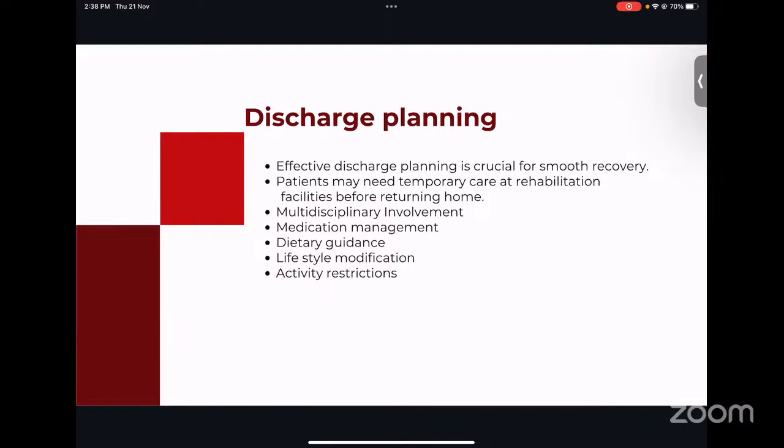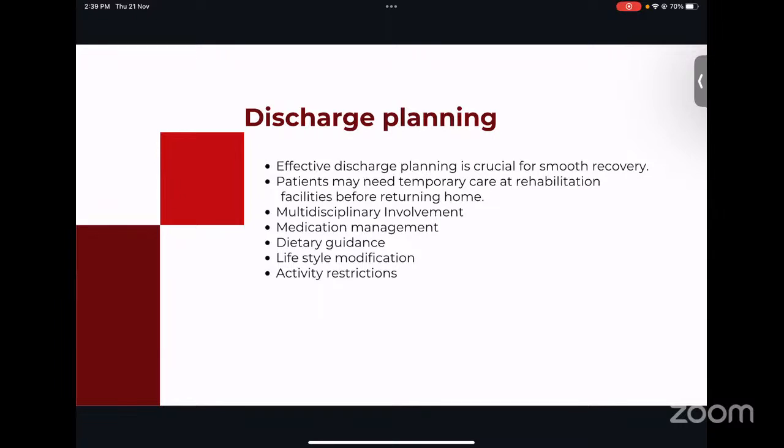Patients need clear instructions about the recovery, expected warning signs, and when to contact health providers. Patients should follow up in the surgical OPD within 30 days post-operative to monitor outcomes.